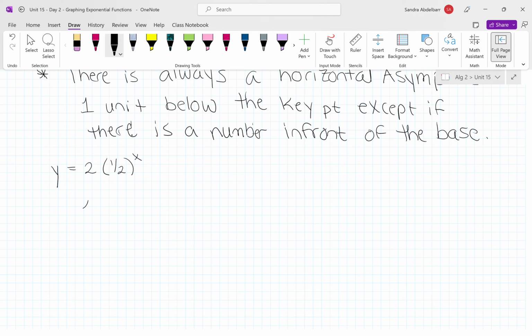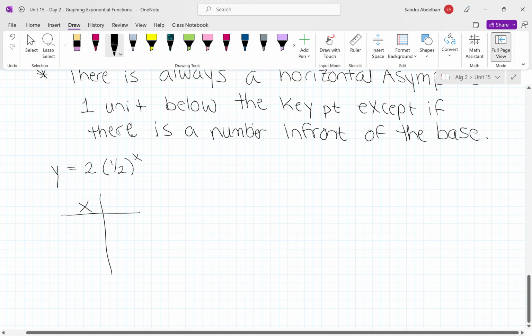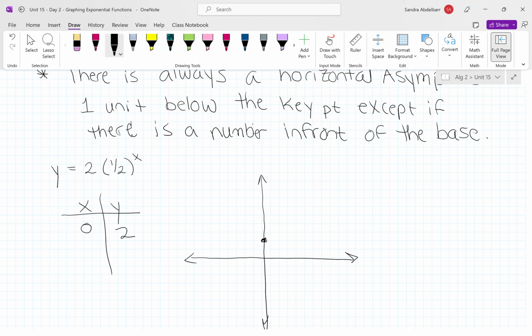So what would this look like? Let's just play around with some points. If x is 0, then y is what number? 2. So now my key point is (0, 2), not (0, 1). Do we still have an asymptote at y equals 0? Is there anything I can put in here that will make this 0? There's nothing that I can put in here that will make this 0.